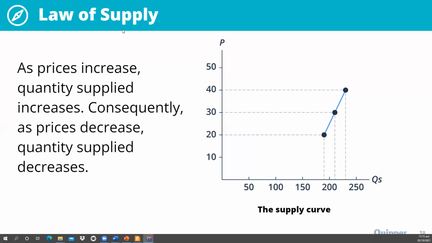So it says here, as price increase, quantity supplied increases. Okay? Consequently, as price decrease, quantity supplied decreases. So habang tumataas yung presyo ng isang product, yung willingness natin i-supply yon or ibenta yon mas tumataas din. Okay? Gets ba?